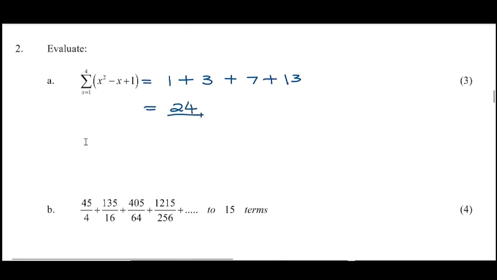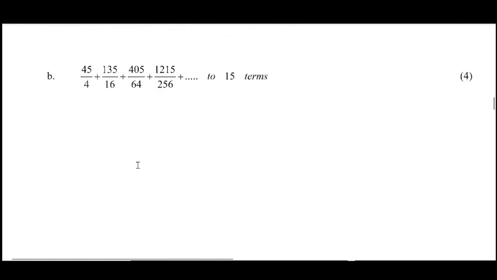Right. This next one says calculate this thing to 15 terms. Now, we're definitely not expected to write down all 15 and calculate them manually. So this one must be arithmetic or geometric. Okay, and we can use a calculator by all means. If we go this minus this, we don't get the same as if we go this minus this.